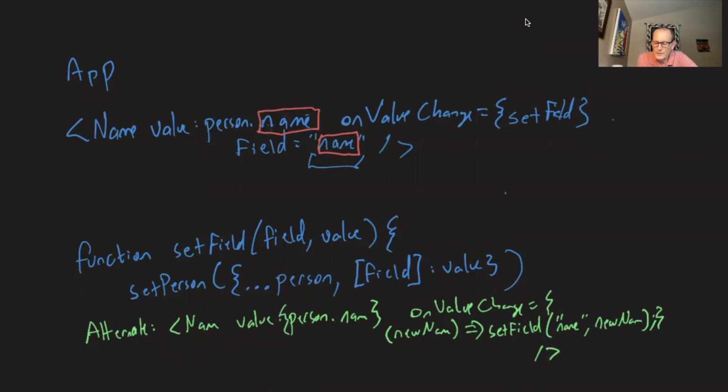So what we're doing is capturing the fact that we want to use a field name here, whereas before, we were capturing it by putting it in a prop. The good news about this is it's slightly easier for the child, because now the name component doesn't need to actually know anything about fields. All it needs to know is it has a value, and if the value changes, call onValueChange with the new value.